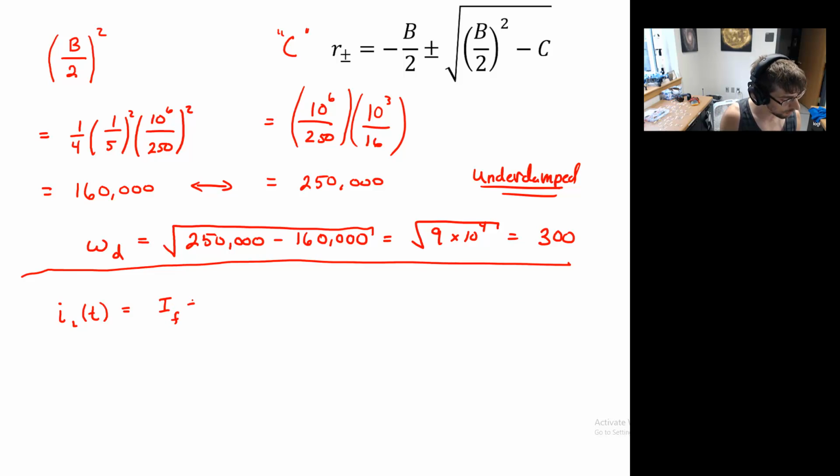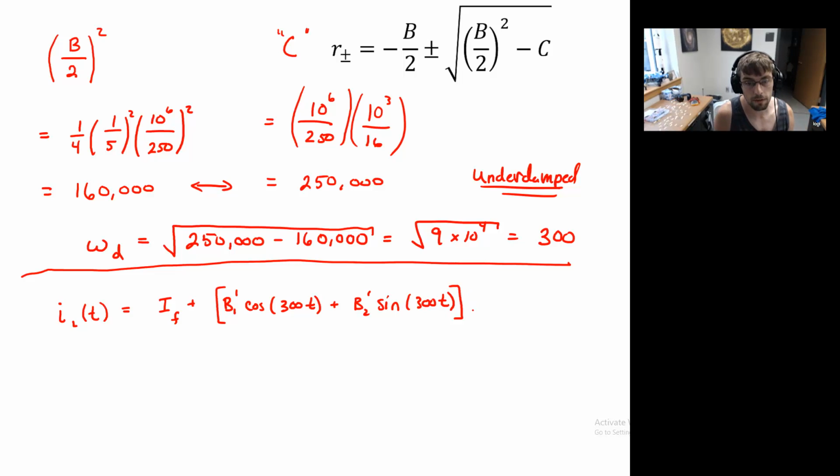Okay. Then we have plus this B1 prime cosine of, now it's omega d, I'll go ahead and put in the 300 here, plus the B2 prime sine of 300. And again, I've put in the value there. And I'll close that off. And then we have e to the negative.